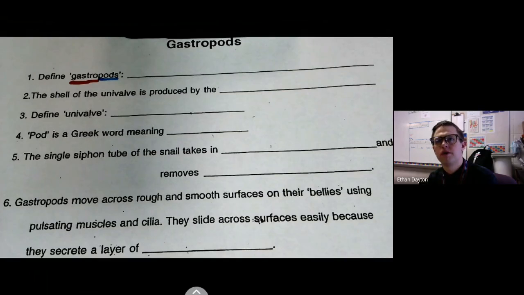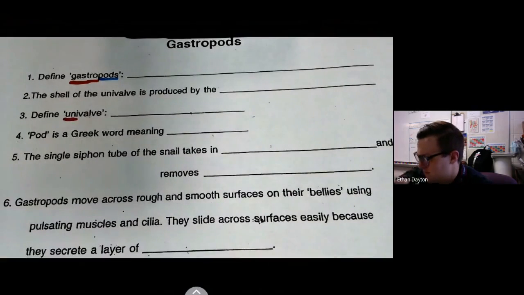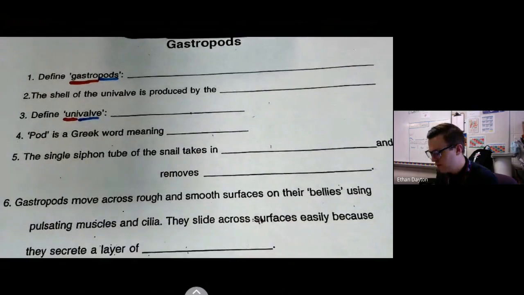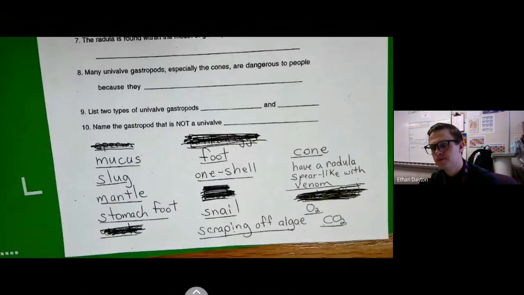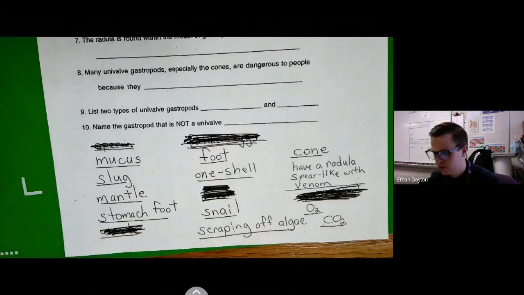Okay, number 3. Define univalve. What does univalve mean? For number 3, I'm going to, again, direct you to this prefix uni, and then underline valve. What does univalve mean? And go down here. Remember, as you go, you should be just making a small dot or check next to the ones that you use.